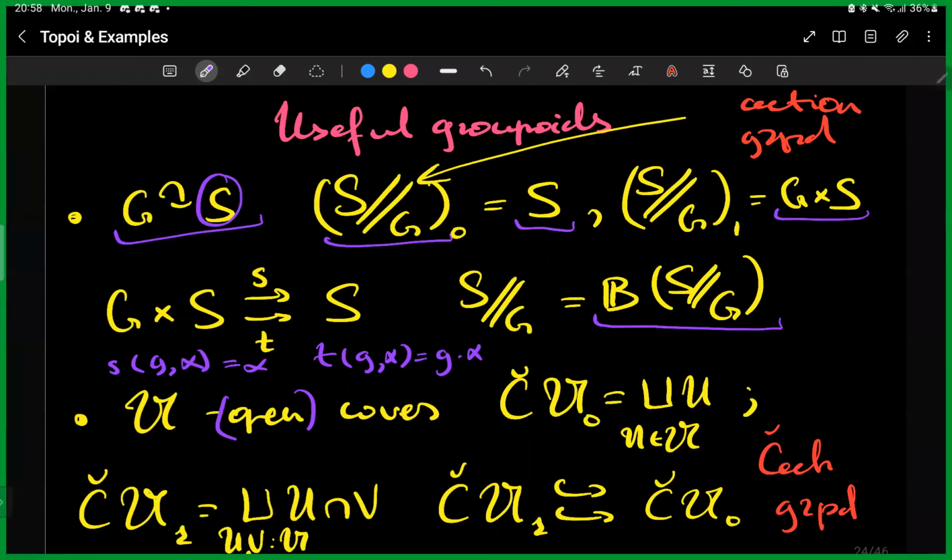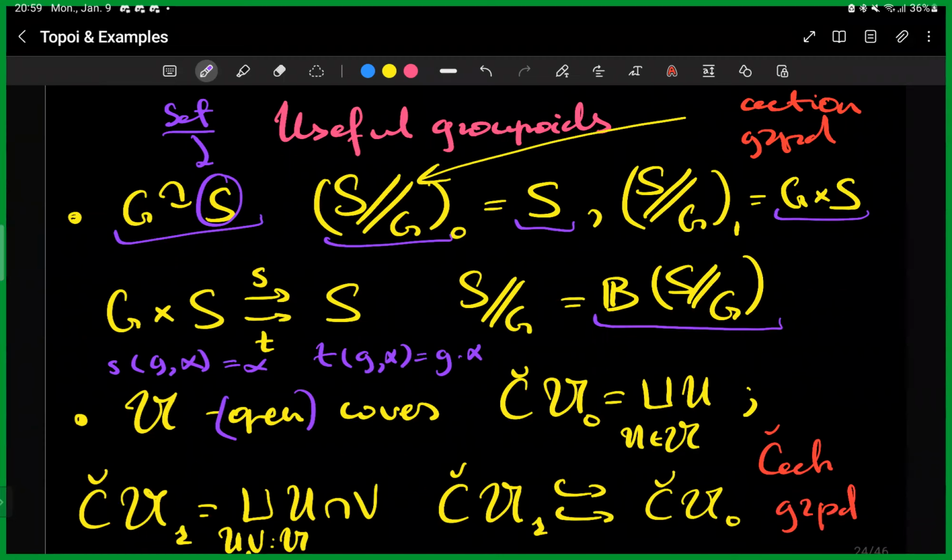So in the simplest case, S is just a set. So this thing here will be a simplicial set. But as I said earlier, we can actually do this in any meaningful category where G is a group object. So for example, S can be a manifold and G can be a Lie group. And then this will still work, and it will actually be a simplicial manifold.